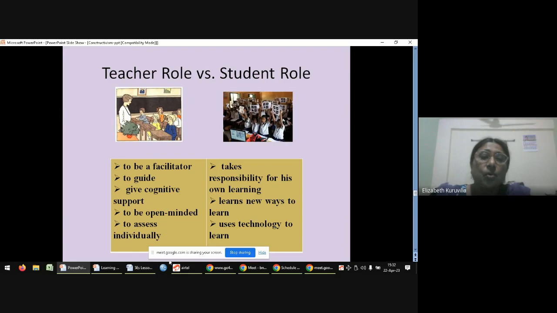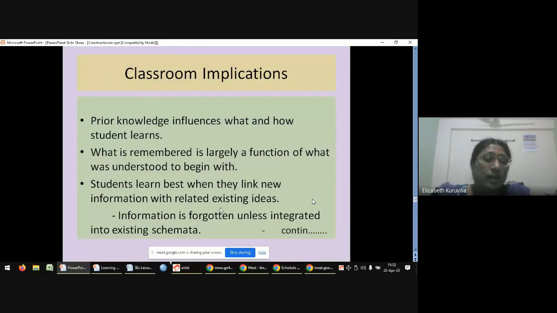The teacher's role is to be a facilitator, to guide, give cognitive support, to be open-minded, to assess individually. Whereas the student's role is to take responsibility for his own learning, learn new ways to learn, use technology to learn. Next, what are the classroom implications? Prior knowledge influences what and how a student learns. What is remembered is largely a function of what was understood to begin with.